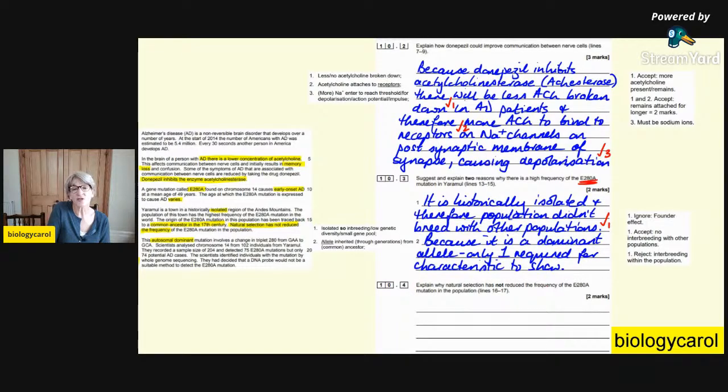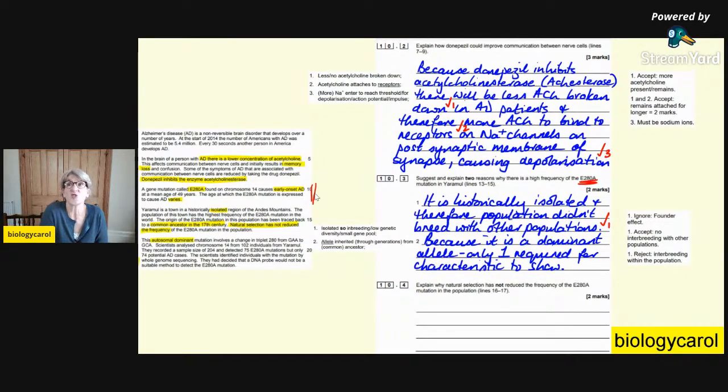Explain why natural selection has not reduced the frequency of the mutation in the population. This was really tricky. And I did realise, because of my background knowledge of teaching about Huntington's disease, which is a dominant allele disease, at GCSE in previous years, that the same thing occurs here. With Huntington's, these diseases appear at an age after reproduction has already happened.